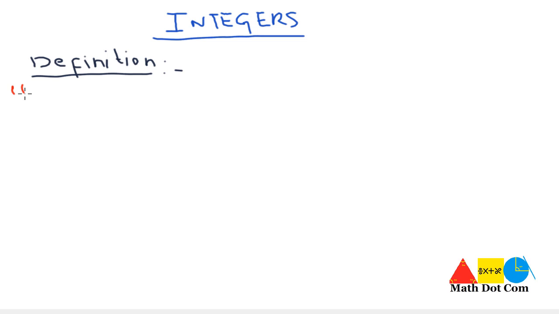Okay, an integer is basically a whole number. We have already discussed the concept of whole numbers in our previous lectures.